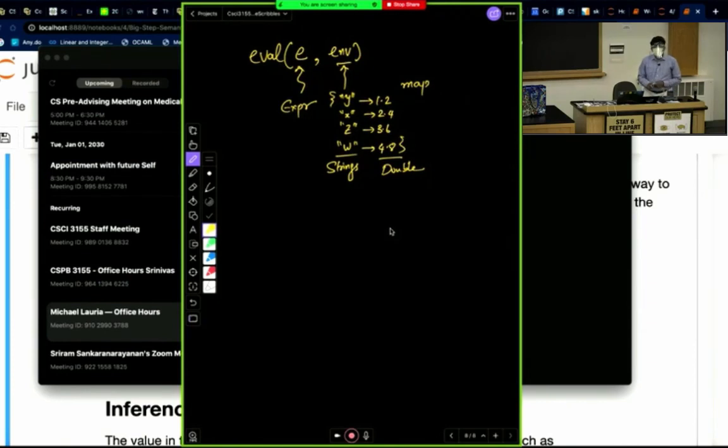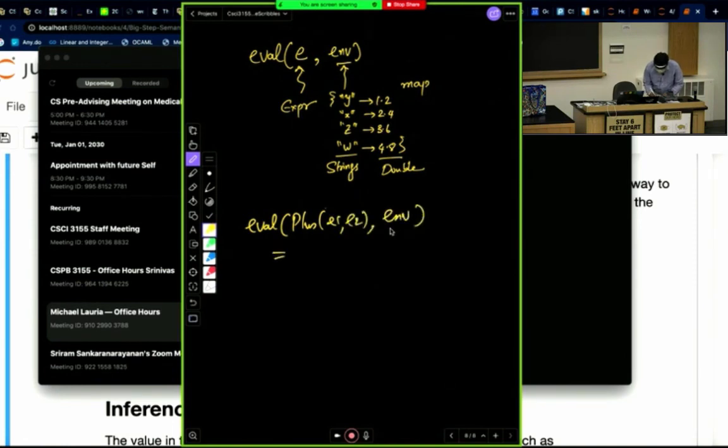All right, and how do you want to define this? So there are basically two schools of thought on how to design this. Eval is going to be a recursive function. Why is that? Because remember, suppose your expression E is the plus of two things, E1 and E2, under the environment.